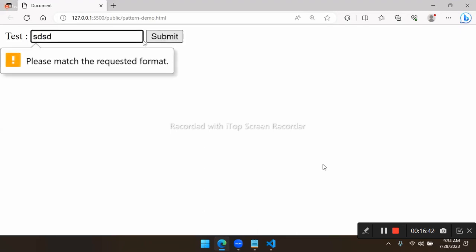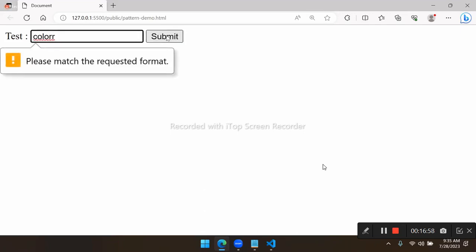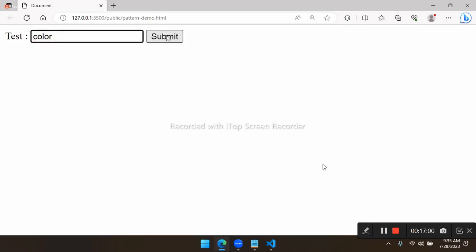As of now, it's not allowing to submit anything. Only one word you can submit through this text box. And what is that word? Color. Any spelling mistake, it will not allow. Exactly what is expected you have to submit, then it will submit. Anything else, it is not allowing.